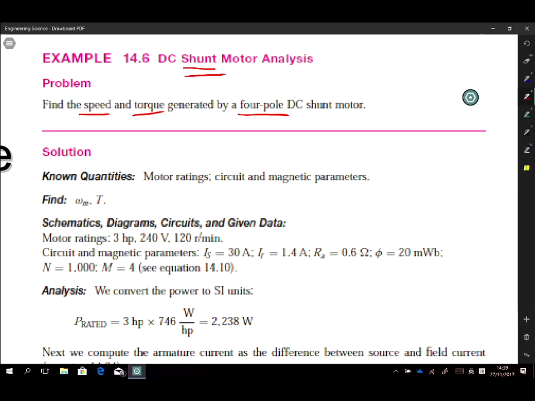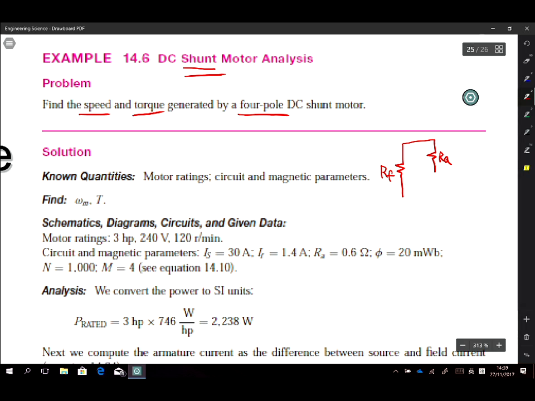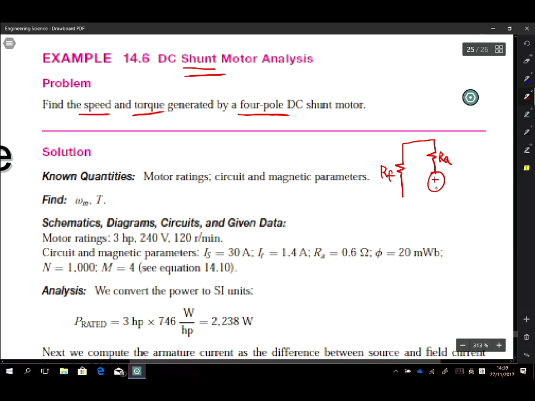Because it is a shunt motor, the field, which consists of the field resistance RF only, is in parallel connection with the armature. The armature has two parts: the armature resistance, RA, and also a back EMF, EB.